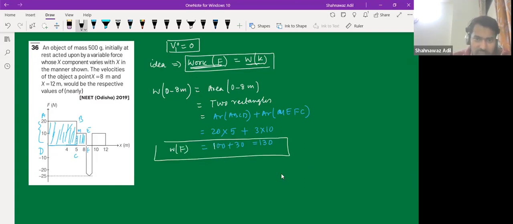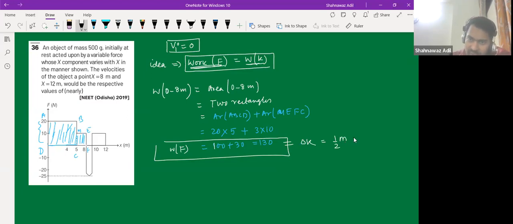Yes, sir. Now we know that this work done would be equal to change in kinetic energy. So change in kinetic energy would be half m v final squared minus half m v initial squared. They have also given the mass, right?